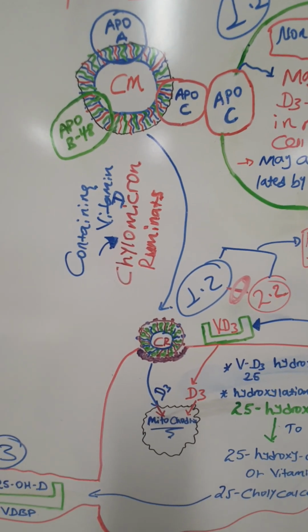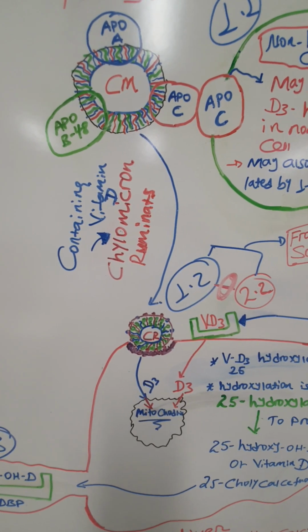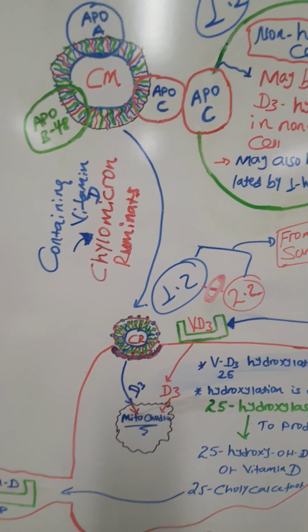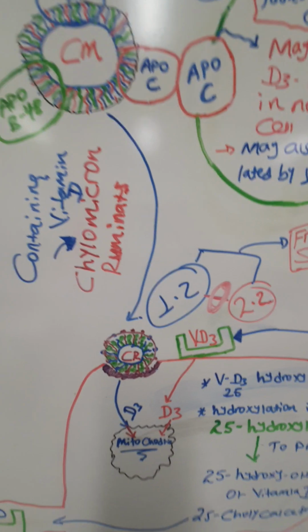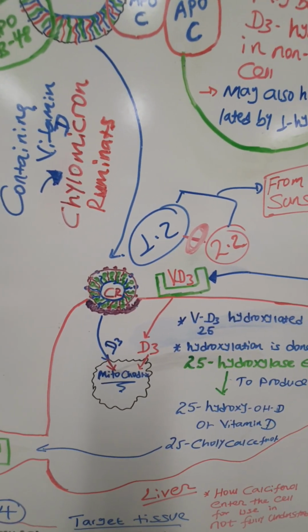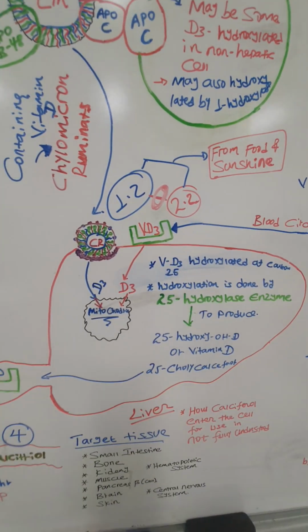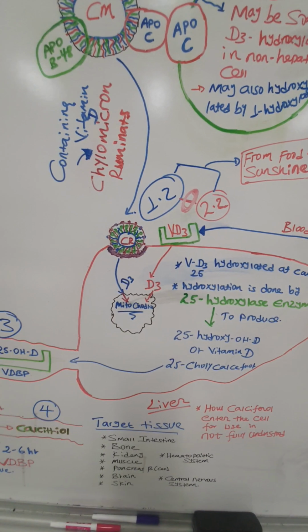degradation and metabolism. Vitamin D will also exist in these chylomicron remnants, and this vitamin D3 will get into the liver cell through the chylomicrons.